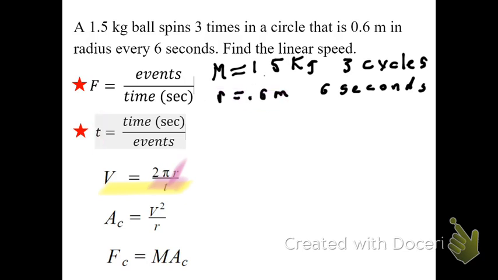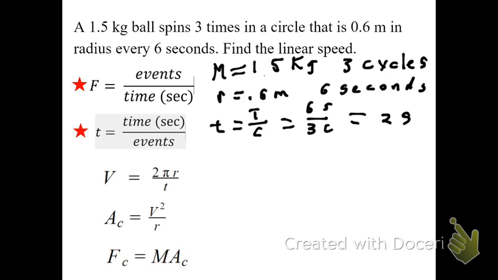Okay, so in order to find our period, we're going to use time over events. So that's going to be time over our number of cycles. So 6 seconds over 3 cycles gives us a period of 2 seconds.